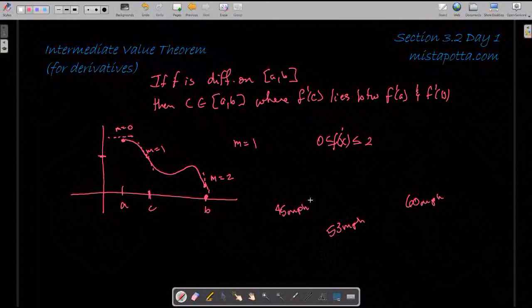Now, maybe my velocity went way above 60, went way below 45, but I still have to pass through this magical 53.